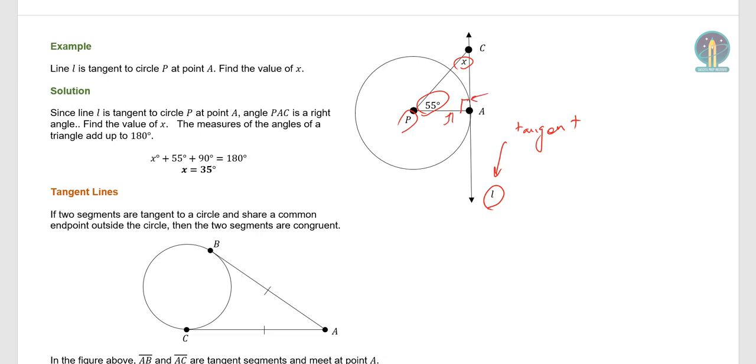So we know that this is 90 degrees, right? The total sum of internal angles of a triangle is 180. So 180 minus 90 minus 55 gives us x. Solving this we get x equals 35 degrees.